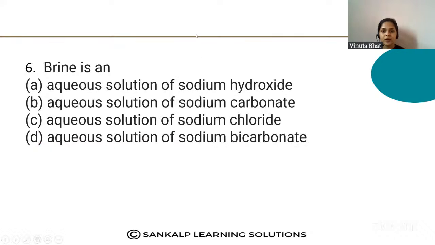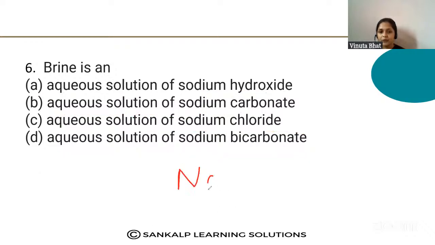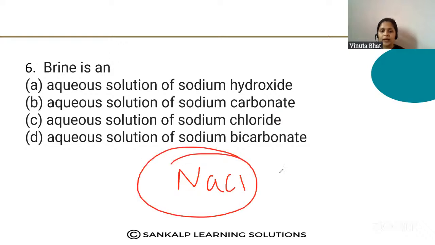Next question. Brine is an aqueous solution of sodium hydroxide, sodium carbonate, sodium chloride, or sodium bicarbonate. Brine solution means NaCl, an aqueous solution of sodium chloride, which is used to produce chlorine, hydrogen and sodium hydroxide.